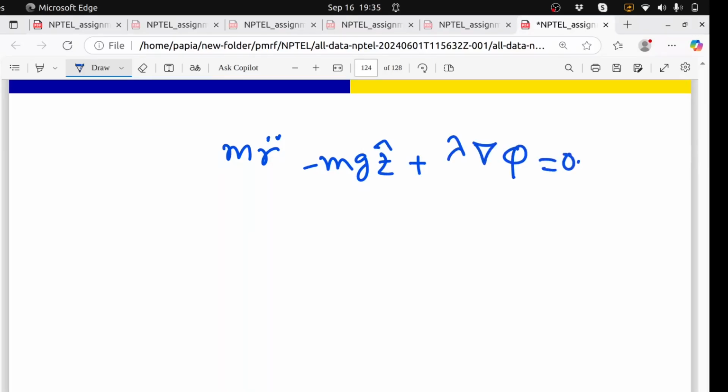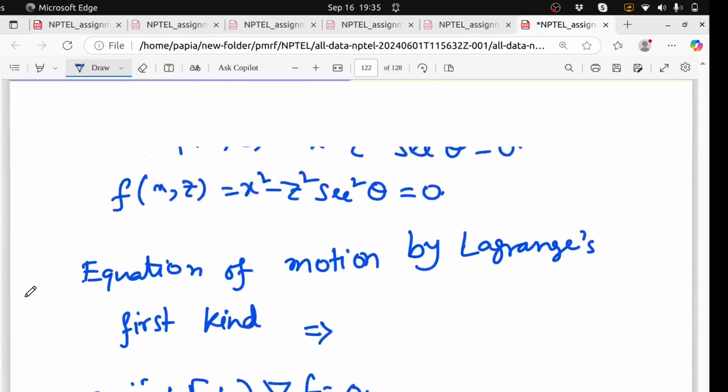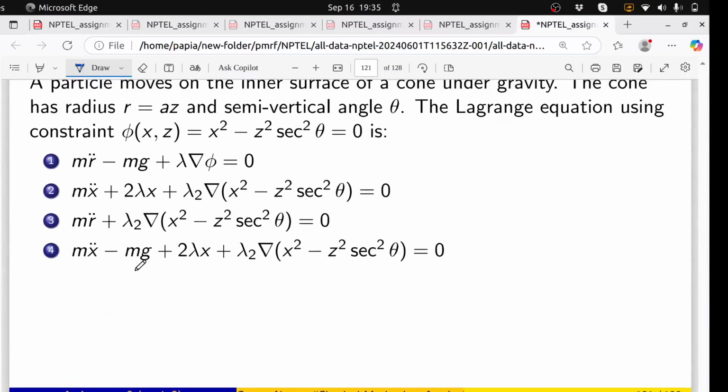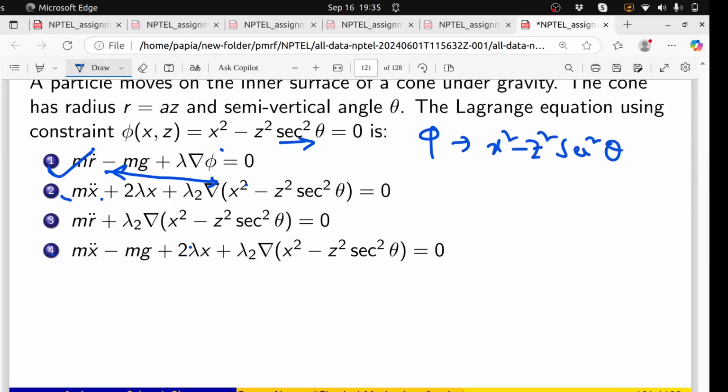So now m r double dot minus mg z cap plus lambda grad phi equals 0, where phi is x square minus z square tan square theta, which equals 0. Now we can see the option here. Yes.